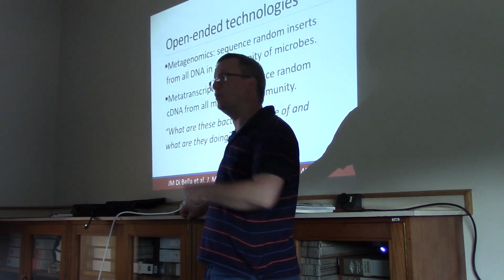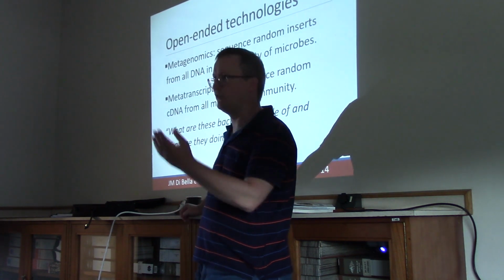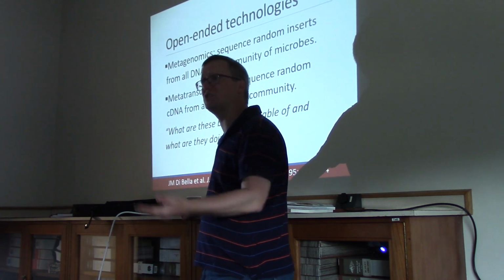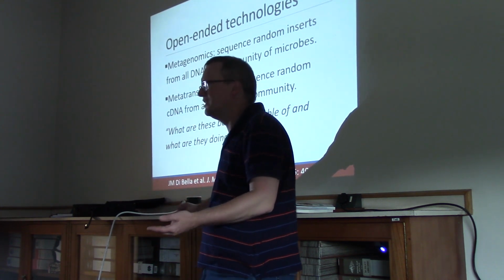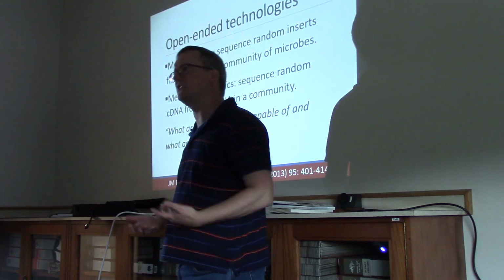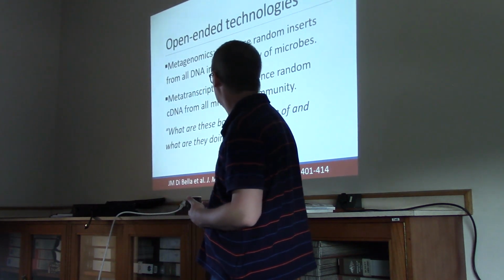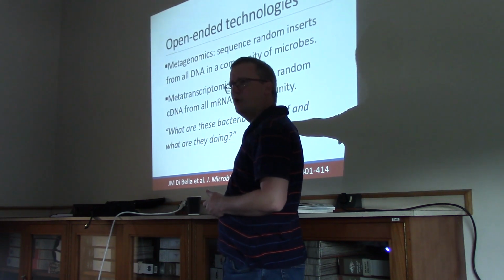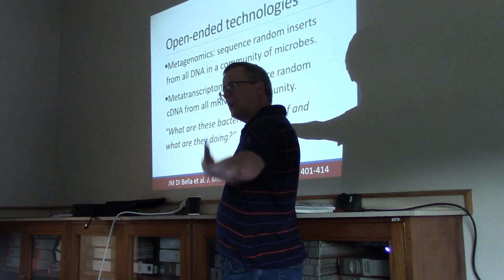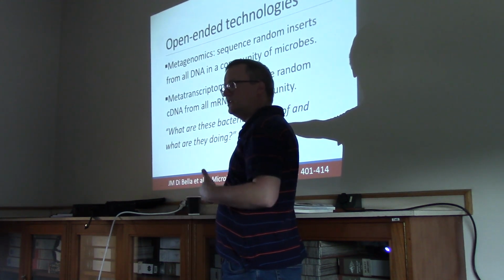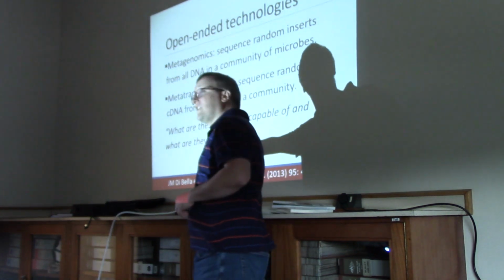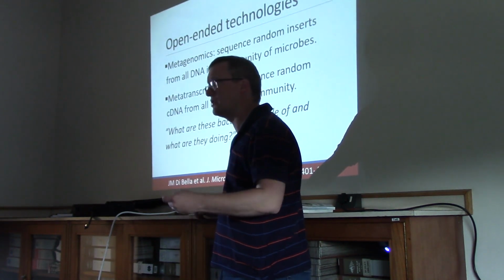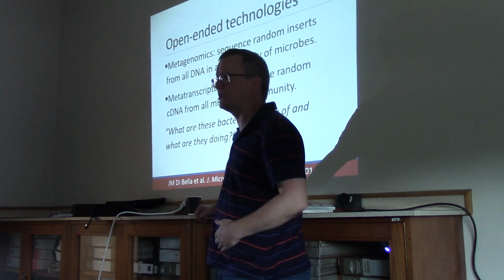So if you see that a whole bunch of genes in iron-sulfur clusters are being transcribed right now, there's some suggestion that chelation is a big factor in how these bacteria are growing. So what these bacteria are capable of is the genomic question. What genes can these species draw upon to take on their biological challenges? What they are currently doing is much more responsive to the question of metatranscriptomes.